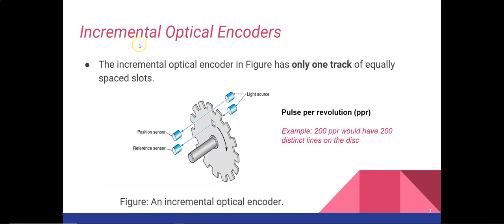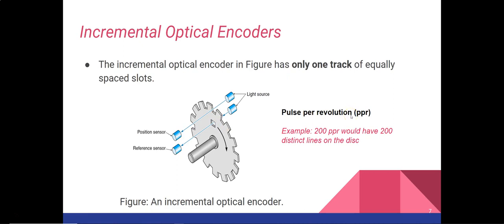Next is incremental optical encoders. This incremental optical encoder, as you see in the figure, has only one track of equally spaced slots, and it uses a pulse disk that consists of evenly spaced clear and opaque segments. And here you see pulses per revolution.